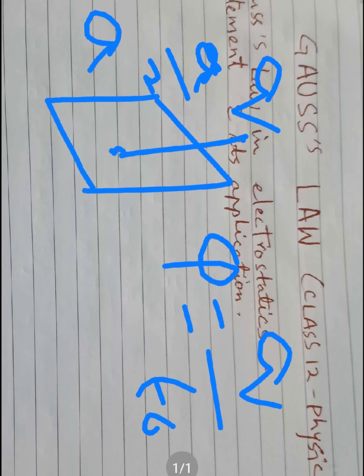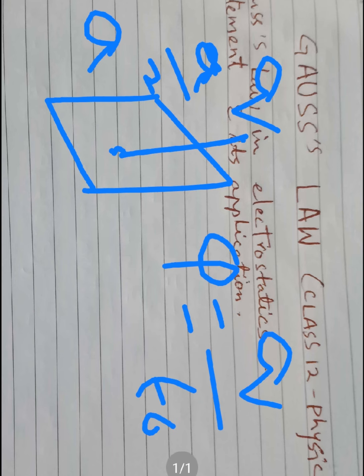Net charge enclosed here is Q1 plus Q2 plus Q3 upon epsilon naught, and this equals the closed integral of vector E1 dot vector ds plus the closed integral of vector E2 dot vector ds plus again the closed integral of vector E3 dot vector ds.